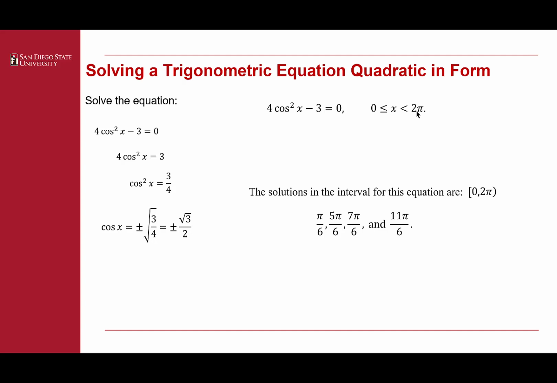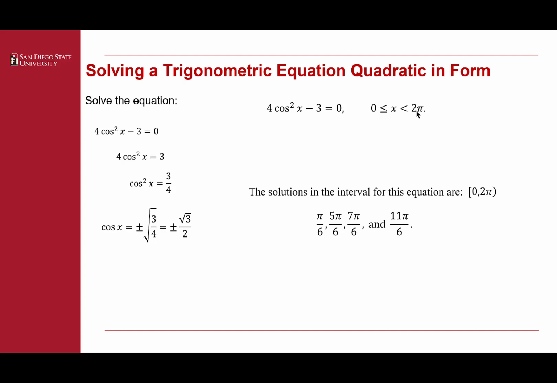Let's look at another example where 4 times cosinus square x minus 3 equals to 0, and the given interval for angle x is from 0 to 2 pi. Here, if we move 3 to the other side by adding 3 to both sides, we get 4 times cosinus square x equals to 3.